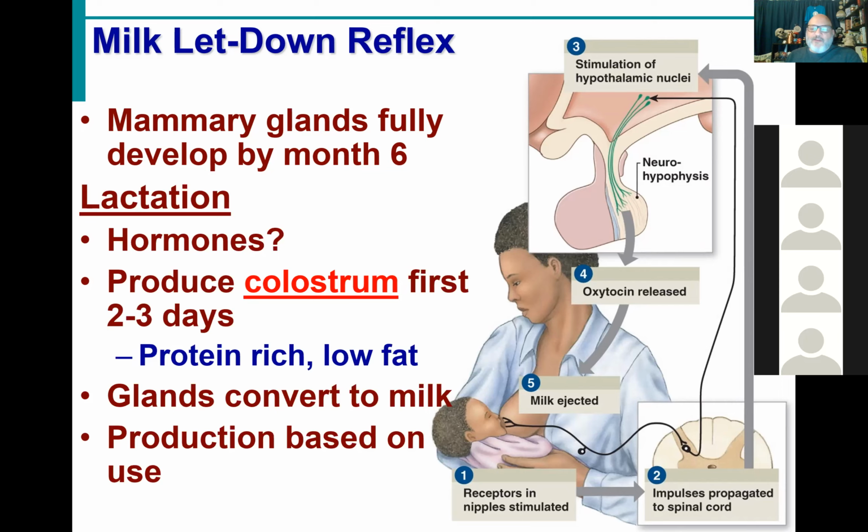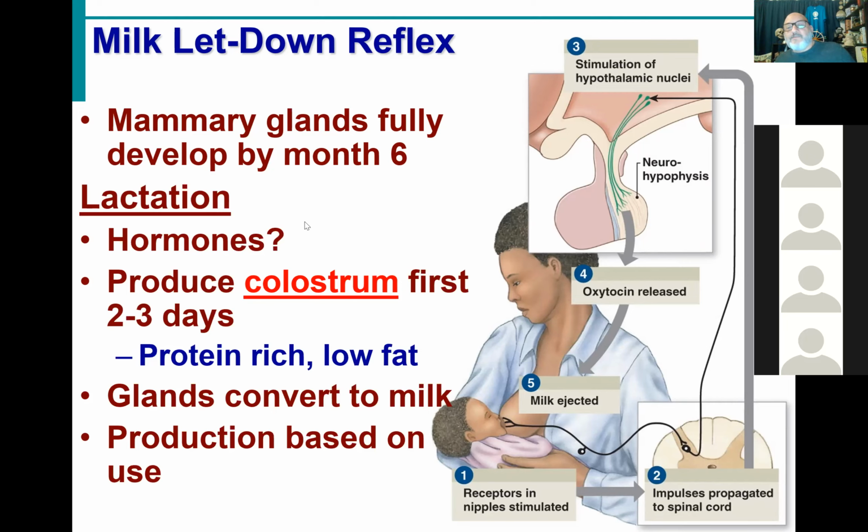And as you're wandering around the mall, maybe doing your Christmas shopping, someone else's baby cries, and what happens? You leak. Yeah, absolutely. They can actually express milk as a result of that learned behavior. Absolutely.